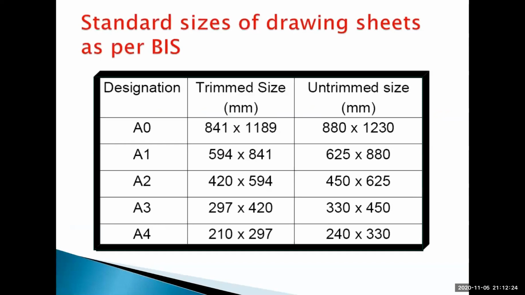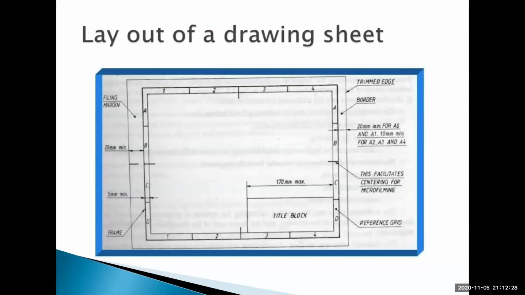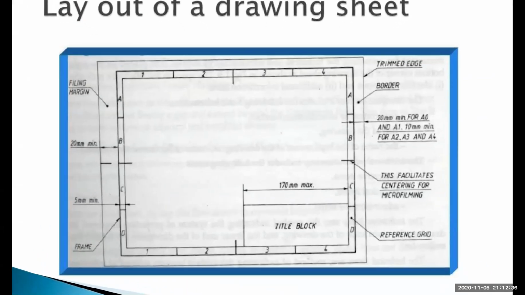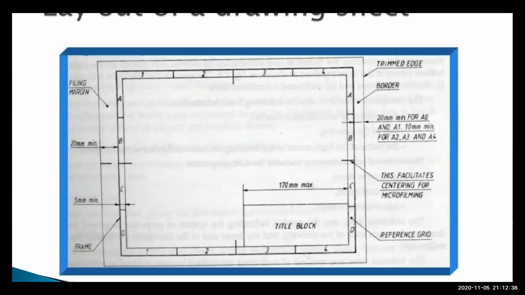After knowing this, we have to go for the layout of a drawing sheet. Just see here, the layout of the drawing. Here the border is coming like this. This is the border, and here the title block is there.